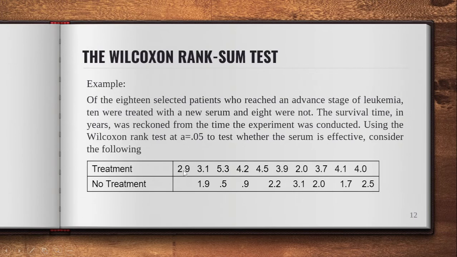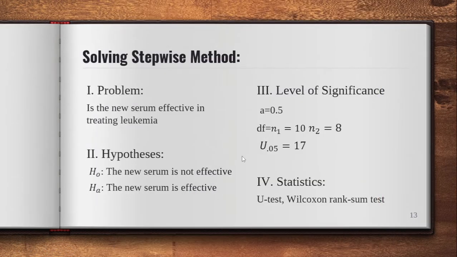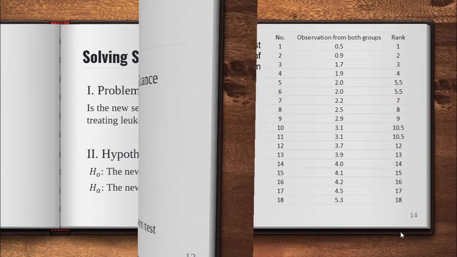So bilangin po natin to 1, 2, 3, 4, 5, 6, 7, 8, 9, 10. So we have 10 in treatment. So no treatment, we have 1, 2, 3, 4, 5, 6, 7, 8. So ganun po yun. Kaya po yung level of significance, N sub 1 is 10 and N sub 2 is equal to 8. So in statistic, U test, Wilcoxon Rank-sum test.